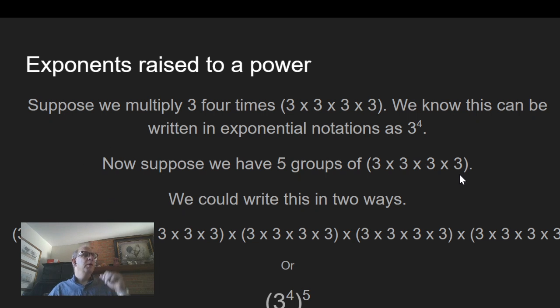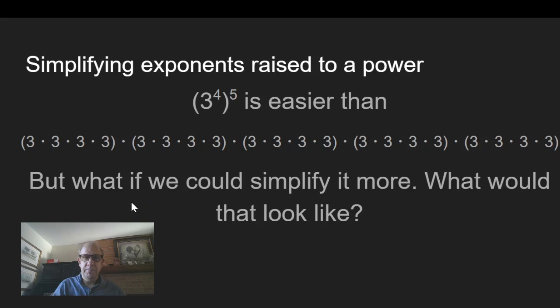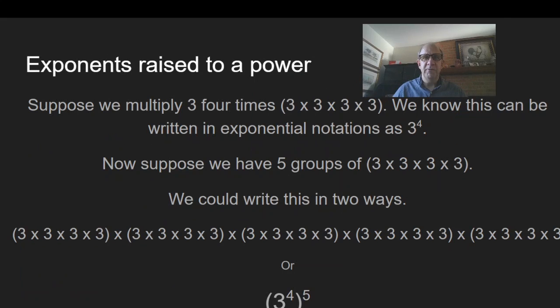Okay? So let's assume we have 3 raised to the 4th power. So 3 times 3 times 3 times 3. We know that's an exponential notation. Now, what if we have 5 groups of 3 to the 4th, right?